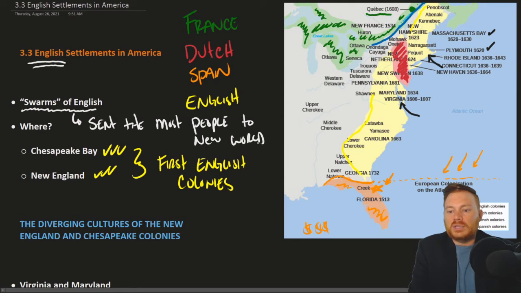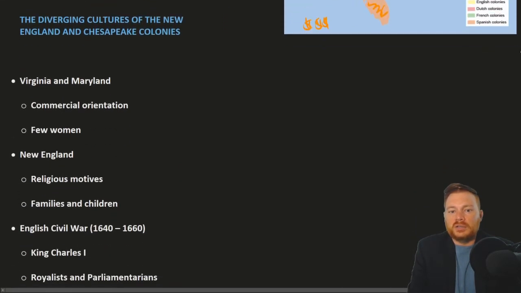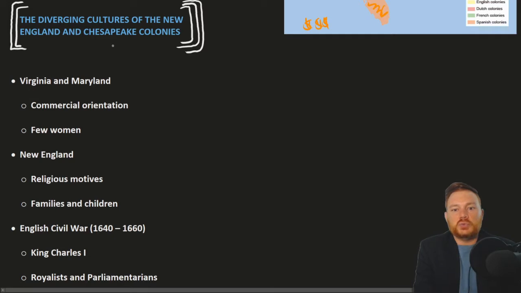One thing that makes England unique and explains a little bit about their colonization. Now, of the English colonies, there's much more diversity between them, or at least we're going to be looking at the English colonies in enough detail that we can make distinctions between the Chesapeake colonies, the colonies around the Chesapeake Bay, and the New England colonies.